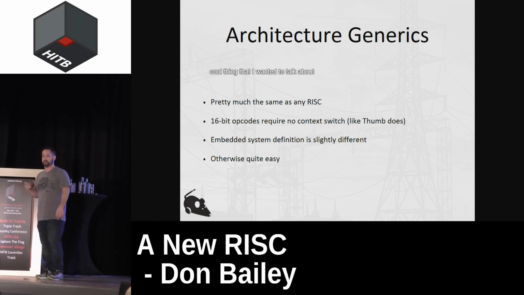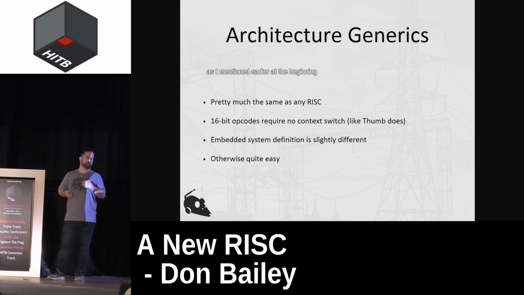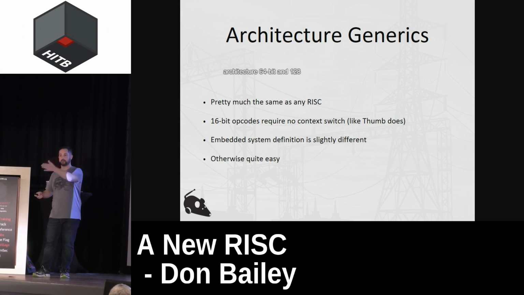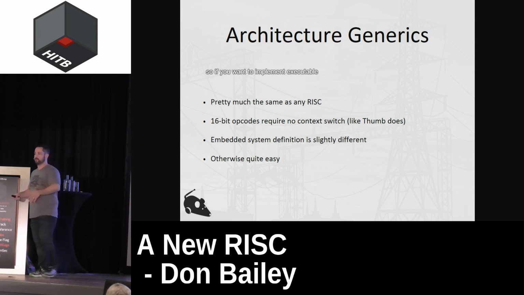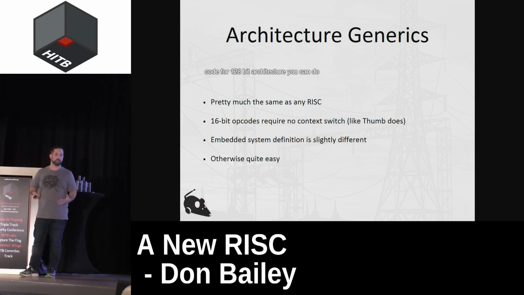The compression thing is really the only cool thing that I wanted to talk about, aside from one other thing, which is that, as I mentioned earlier at the beginning of the talk, RISC-V, by definition, includes a 32-bit instruction set architecture, 64-bit, and 128. So if you want to implement executable code for 128-bit architecture, you can do that currently.